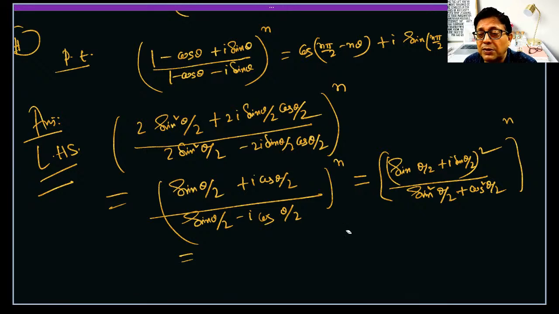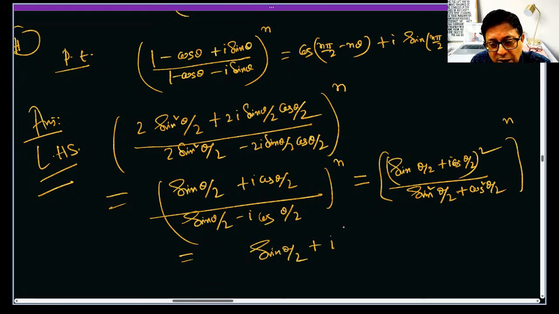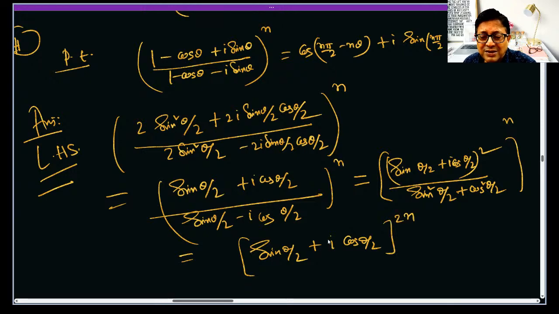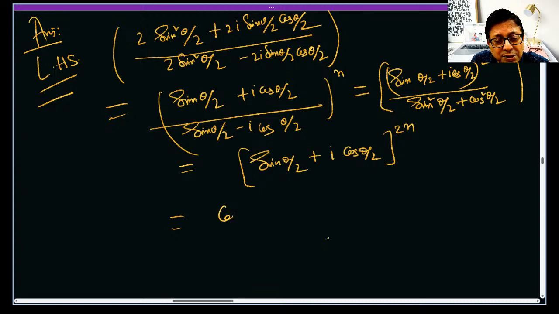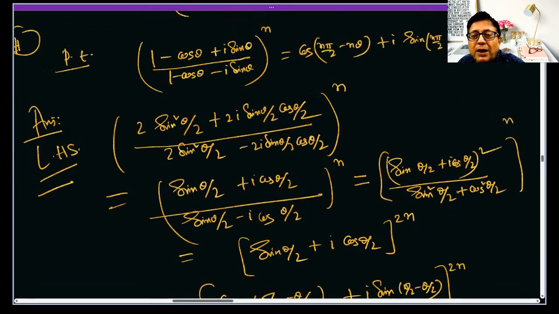No, again you cannot use De Moivre's theorem. Cos theta by 2 you got, definitely, but you can't use De Moivre. This part is 1. So write that. Sine theta by 2, I cos theta by 2 to the power 2n, isn't it? So write this thing to the power n.